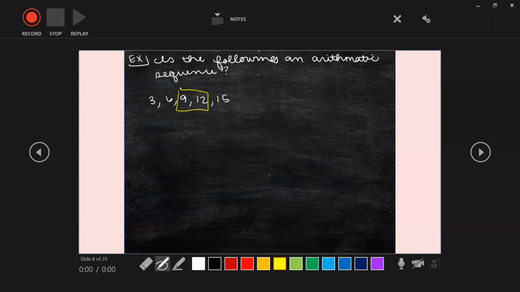Give me an example of two consecutive terms, Elijah. 3 and 6? Okay, so let's use Elijah's example of 3 and 6. What is the difference between 3 and 6? 3? Are we adding 3, subtracting 3, multiplying? So I want you to say plus 3. Let's look at the next two.